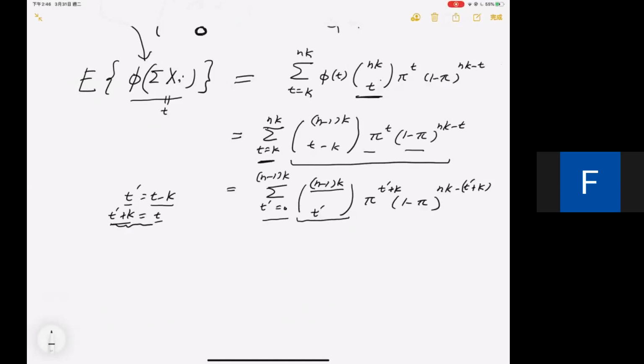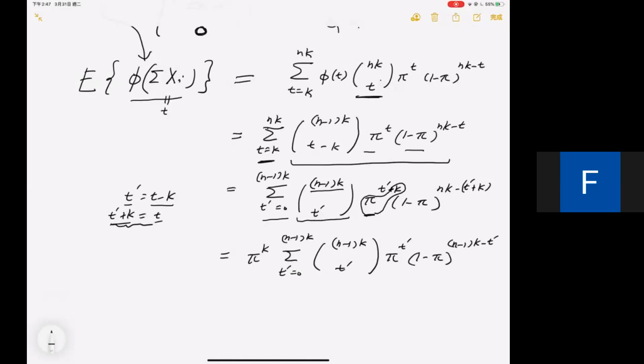And then hopefully this pi^t prime, I do have an extra term pi^k right here, so I can take pi^k out. (m minus 1)k choose t prime, then pi^t prime, and I'm looking for (1 minus pi)^((m minus 1)k minus t prime).